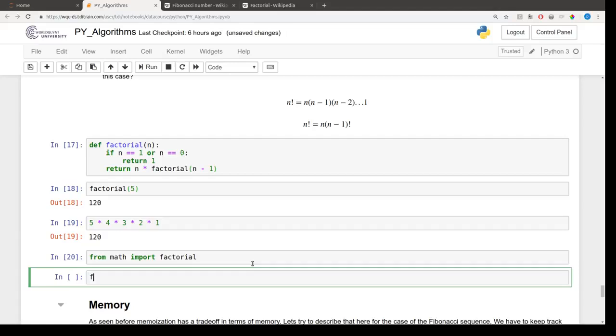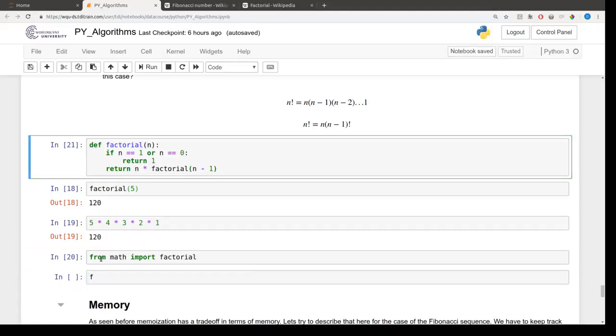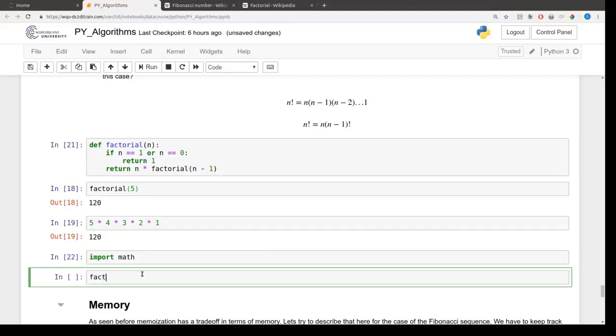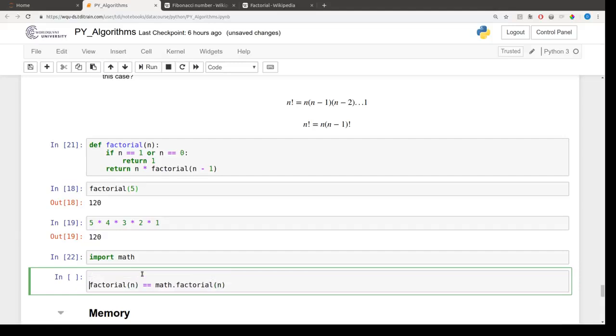there is a factorial function. I actually didn't want to do that. Let's just import math. So we can check that my factorial function is equal to the official factorial function included in the math module in the Python standard library.